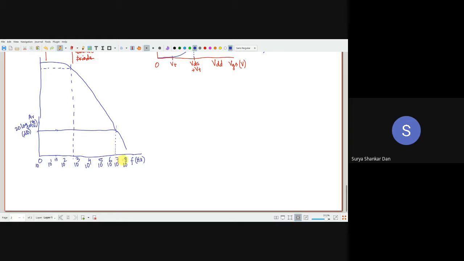So all you can do is you simply reduce the bandwidth and increase the gain. That is why GBW is always the same. So the area under the curve here and the area under the curve over here remains the same. ठीक है? So GBW, as I was telling you in one of the lectures, that GBW is our concern.